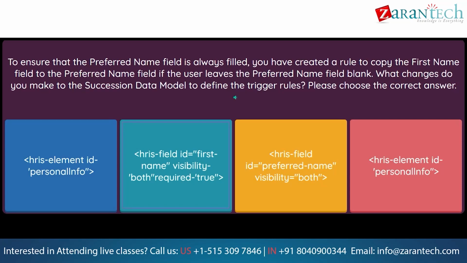Option 2: HRIS field ID equals first name, visibility equals both, required equals true. Option 3: HRIS field ID equals preferred name, visibility equals both. Option 4: HRIS element ID equals personalInfo.